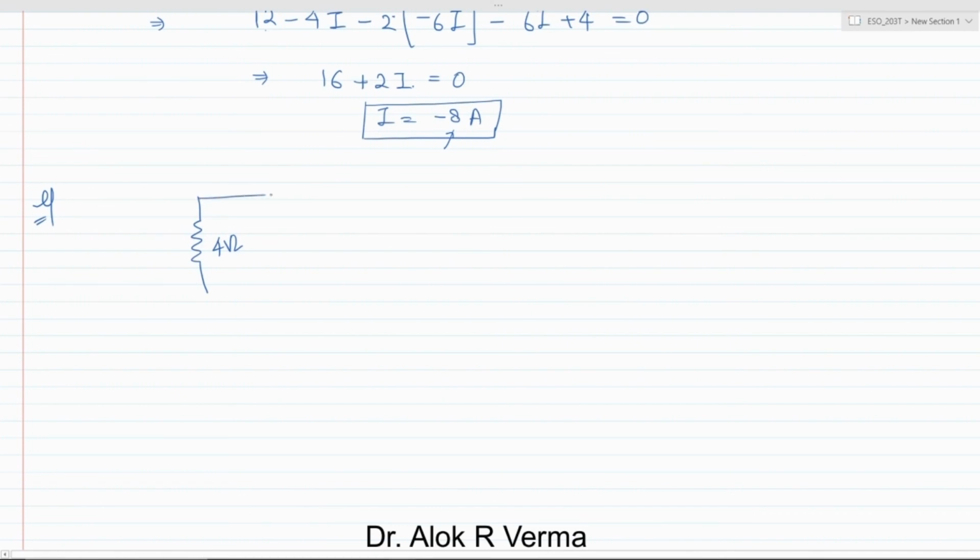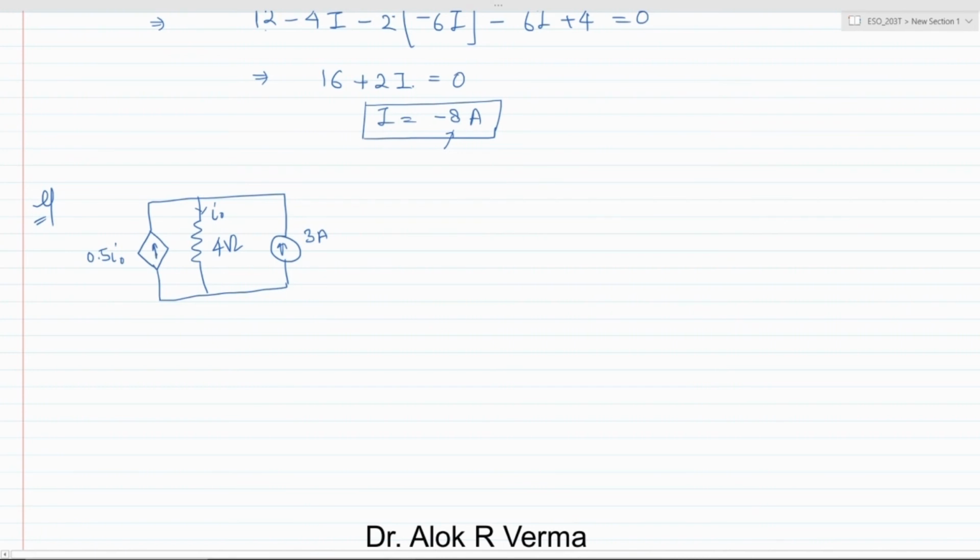Then we have a current of 3 ampere, and it is connected to this source here. So this is a dependent current source, but dependent on what? Suppose a current I0 is flowing through this, and this source is shown as 0.5 I0.